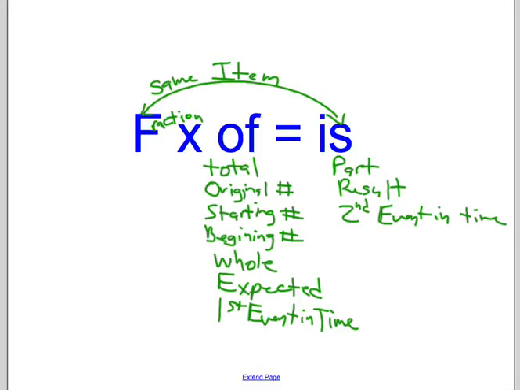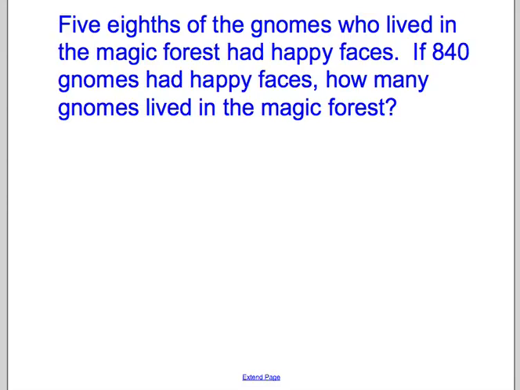But I really want you to memorize the idea that the F, or the fraction, and the is have to represent the same item. And hopefully that'll make a little bit more sense when we look at these word problems. Did everybody have that written down?